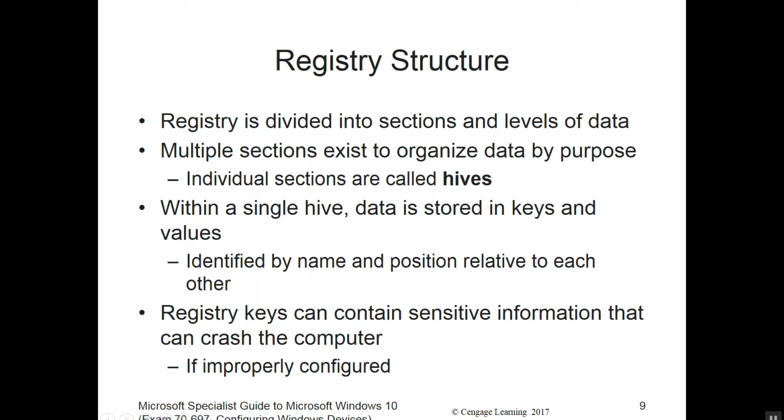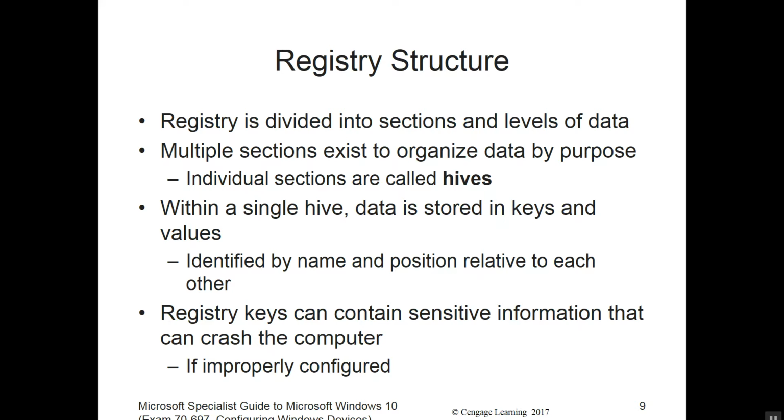Now, the registry structure is divided into sections and levels of data. Multiple sections exist to organize data by purpose. Individual sections, we call them hives. Within a single hive, data is stored in keys and values. They're identified by name and position relative to each other.